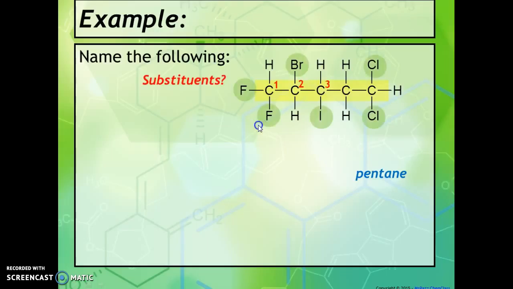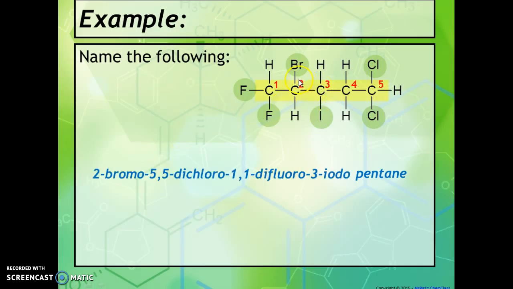So we're going to have 2-bromo. Here's our bromine. And what would come next would be chlorine. Remember, we don't use our prefix when we're talking alphabetical. Well, we have 2 chlorines attached to the 5, so we would say 5,5-dichloro. Then what else do we have?